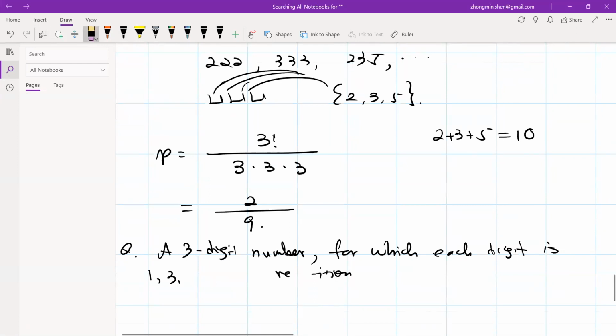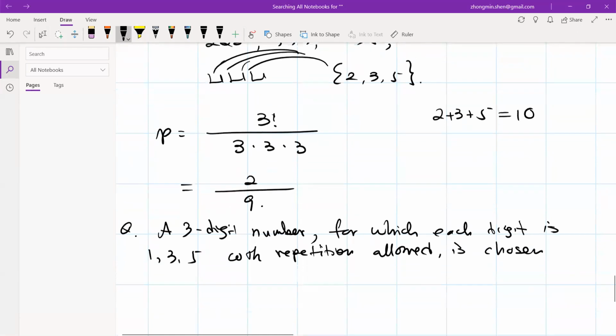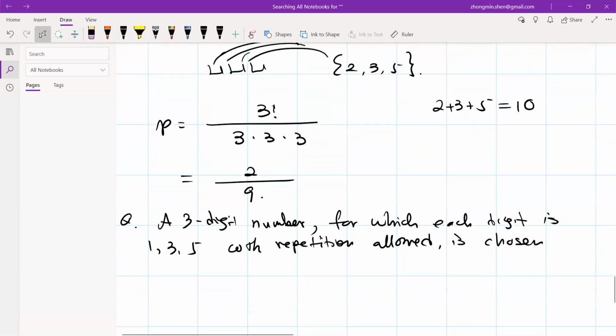Chosen at random. What is the probability that the sum of the 3 digits is going to be 9?